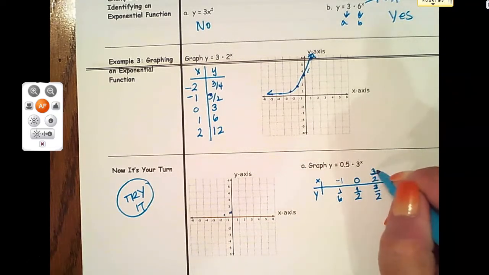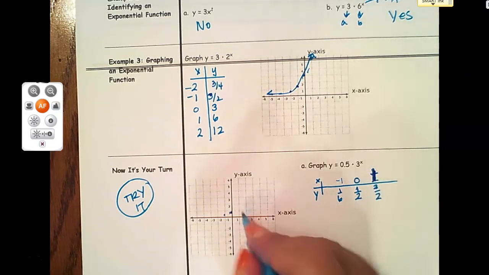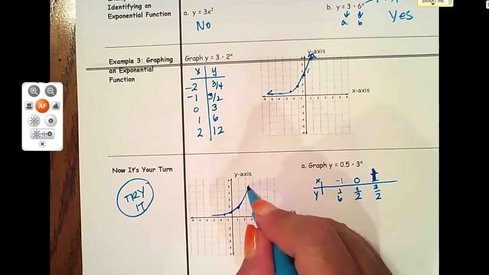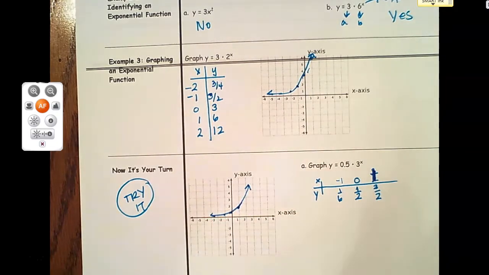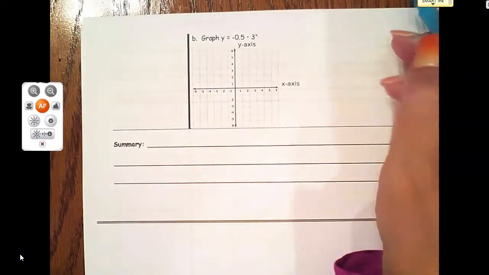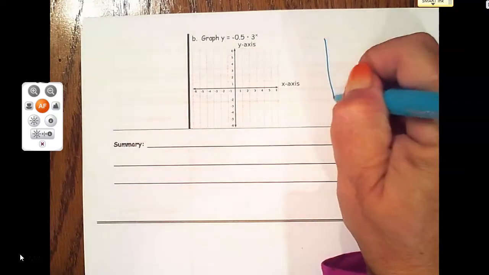I meant to plug in a 1 there, and the answer is 3/2. So at 1, my answer is 3/2. So you can see my graph is still following that same upward trend. And we actually have one more exponential to graph here.